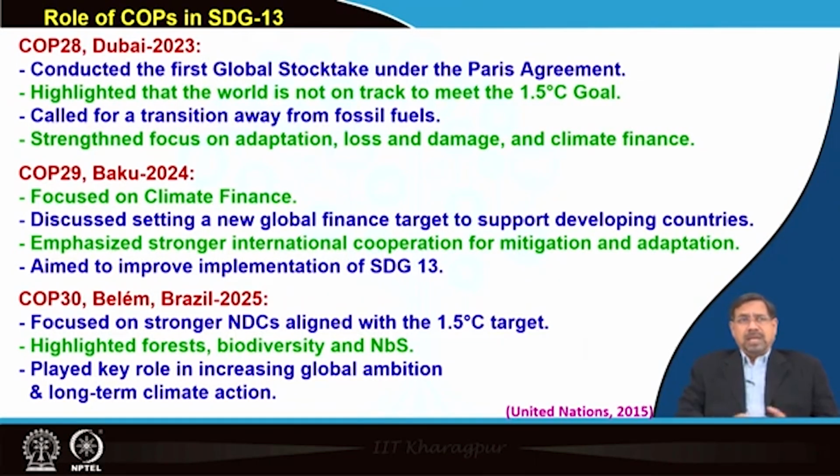In general, it called for a transition away from fossil fuels. We need to move away from fossil fuels to renewable and green energy sources, and this COP28 also strengthened focus on adaptation, loss and damage, and climate finance.